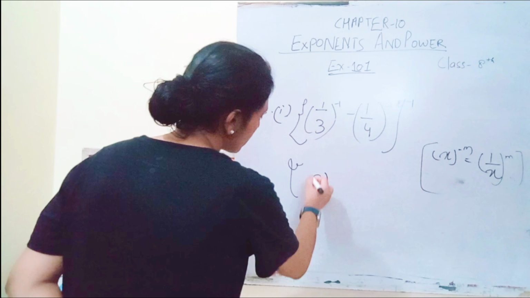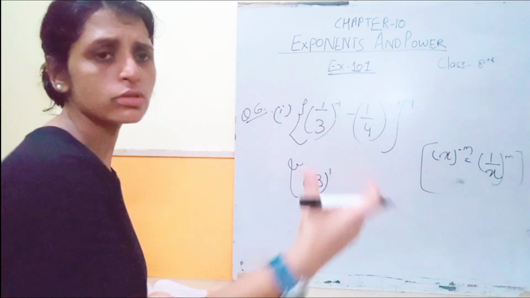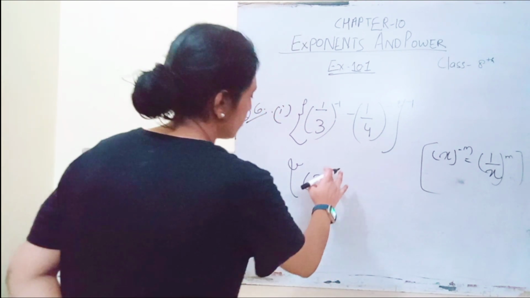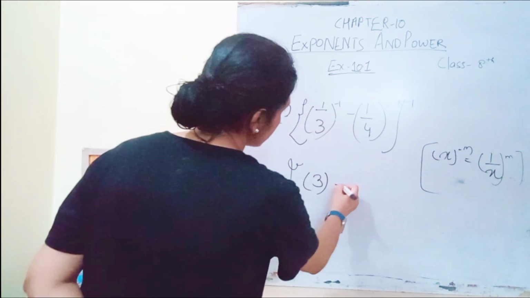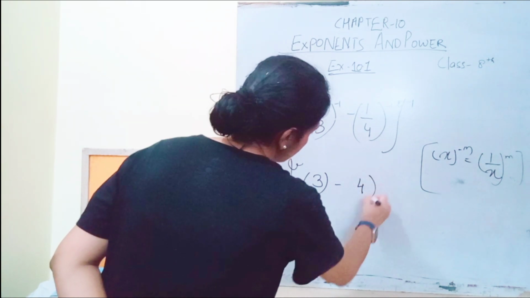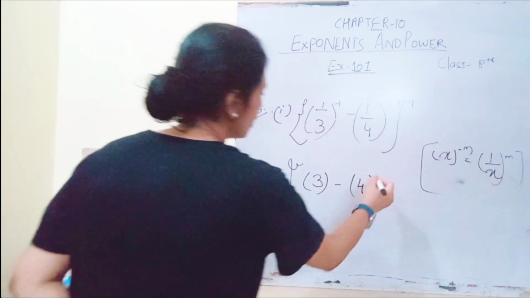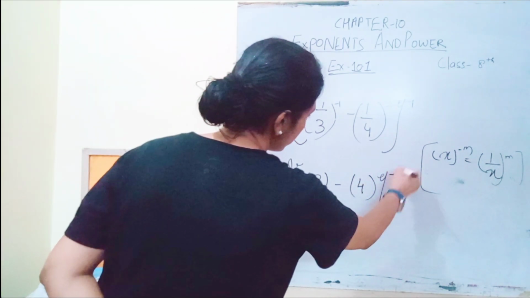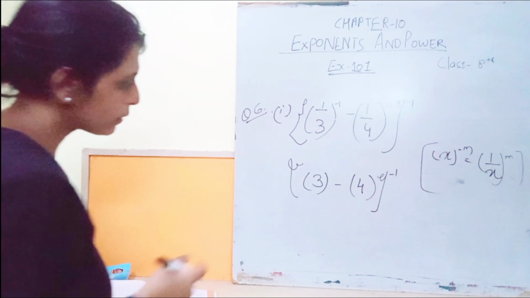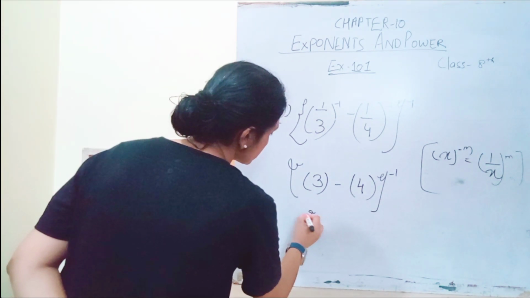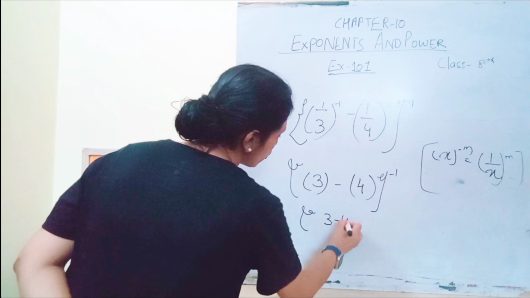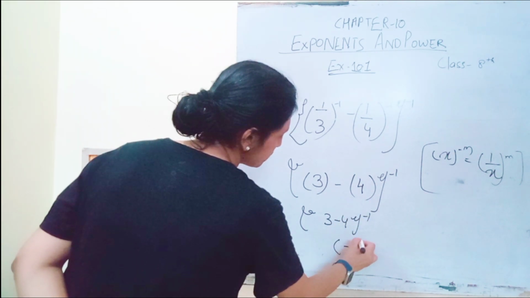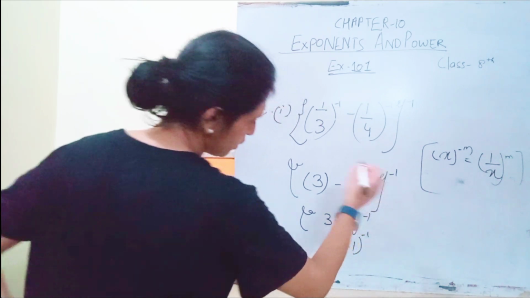तो आप इसको ऐसे मेंशन कर सकते हैं, लेकिन 3 हमको सबको पता है कि 3 raised to power 1 will be 3 only, okay. So I am not writing it. Then minus 4 raised to power is the same, that is 4, okay. And outside this curly bracket there is power minus 1, okay. पहले हम इसको सॉल्व कर लेते हैं. So it is 3 minus 4. 3 minus 4 is minus 1 power minus 1, okay.